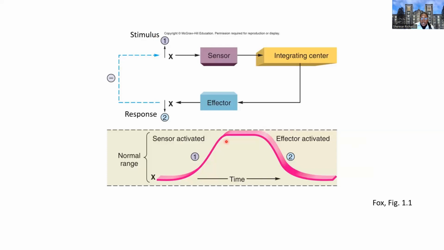So the direction of change will be in the opposite. This is why we refer to this as a negative feedback loop, because as we shut off the error signal, we kind of make a close to the loop. So here's our sensor. Here is the change in that variable. And then here is the desired effect, which brings us back to set point.